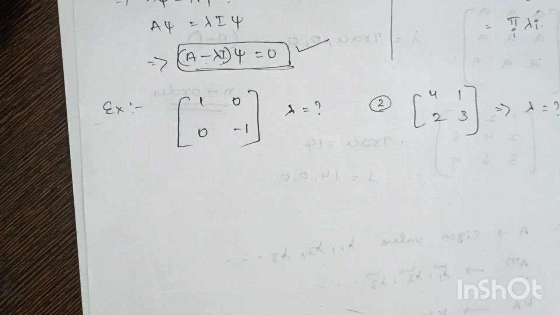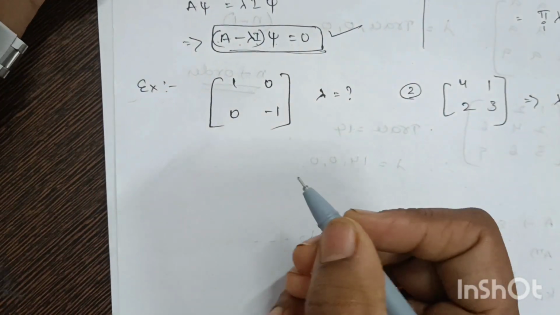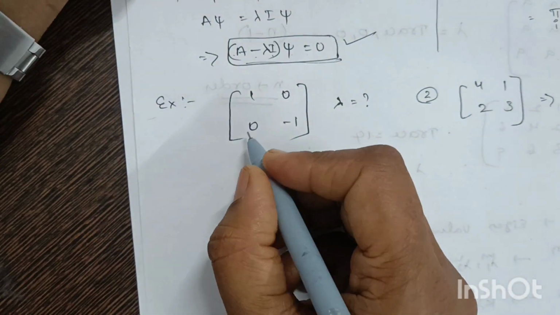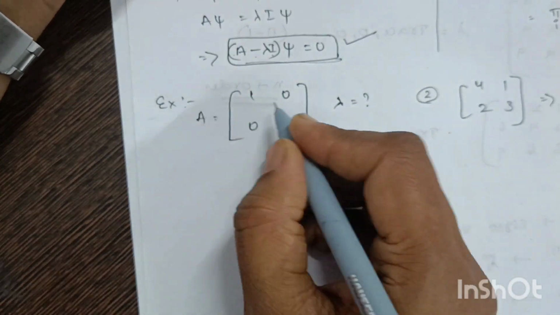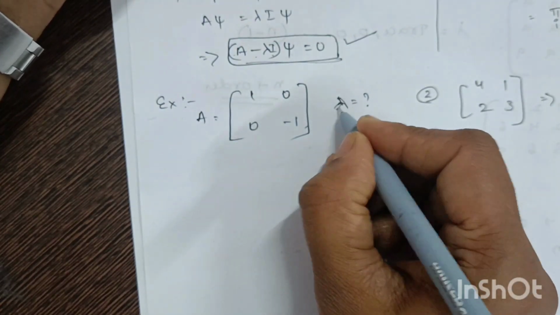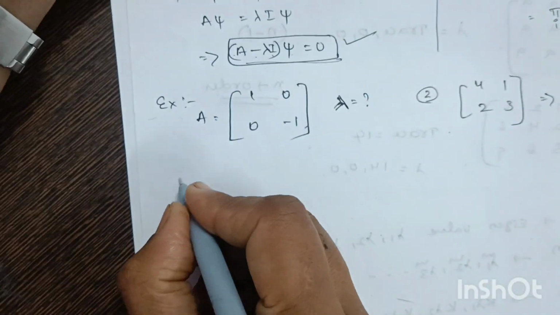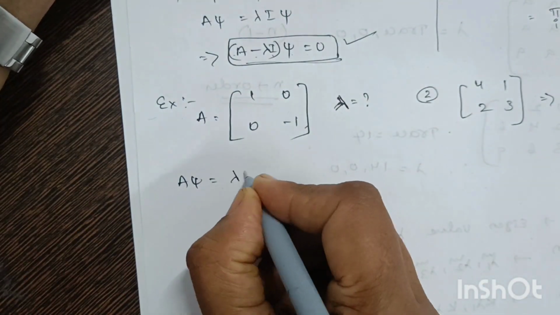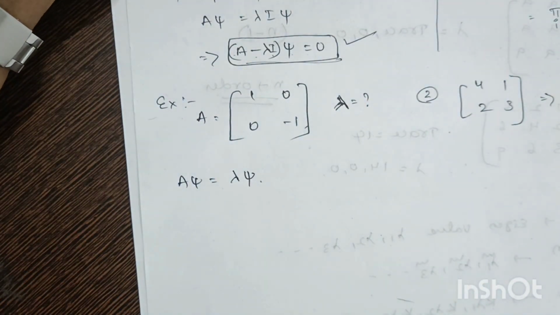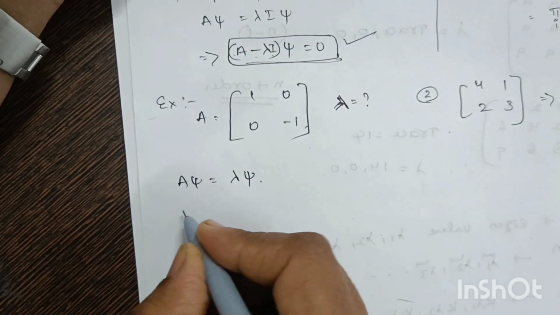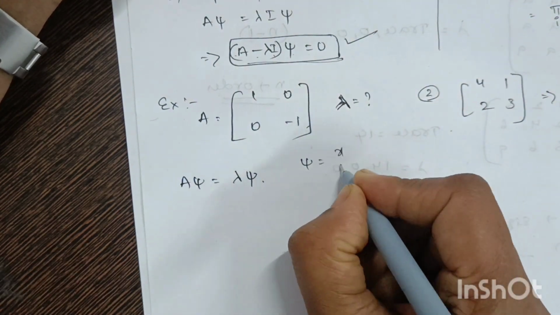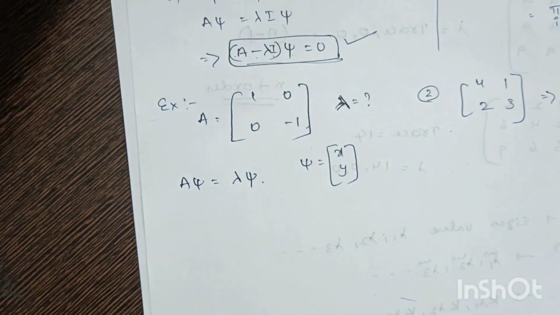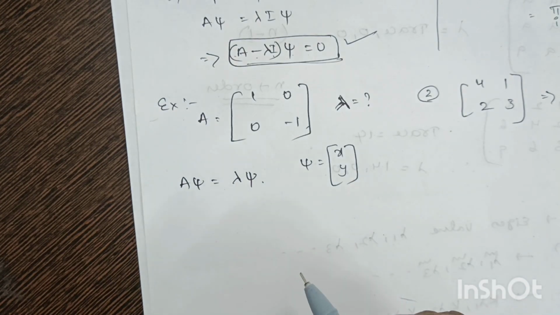Here I am giving 2 examples of 2 by 2 matrices. Let matrix A be [1 0; 0 -1]. Then what are the lambda values? The equation is A psi equals lambda psi, where psi is (x, y). So how to find lambda values?